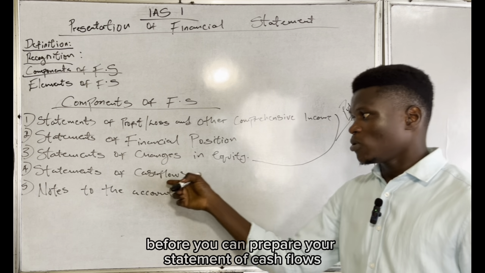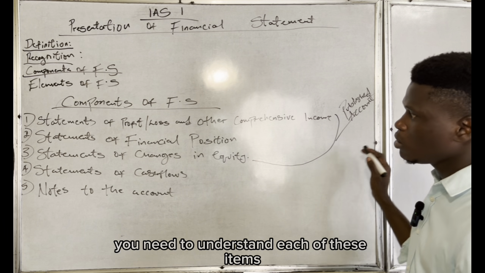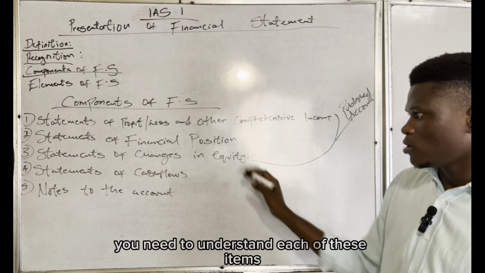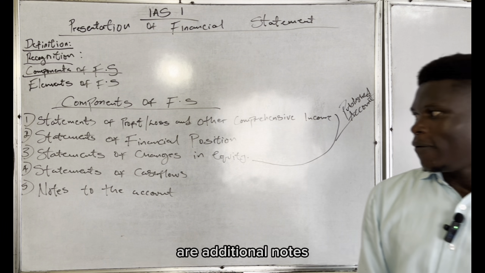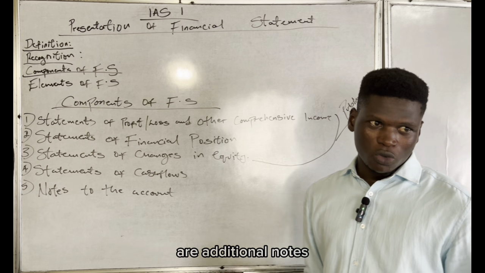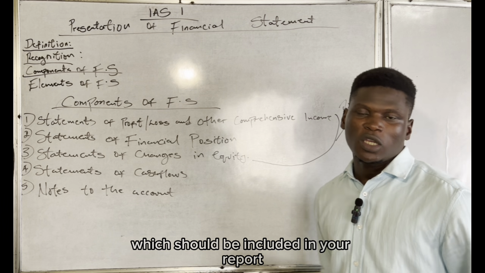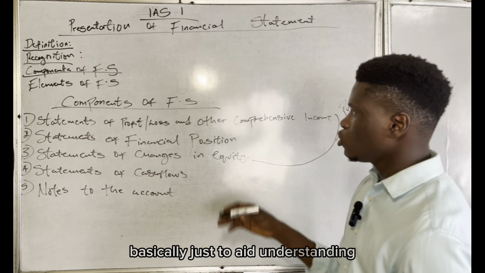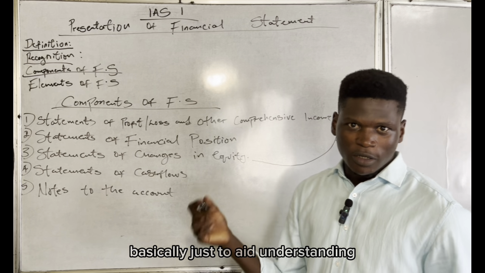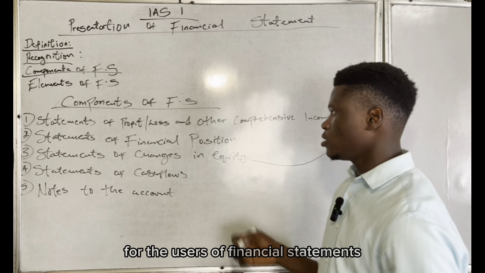Before you can prepare your statement of cash flows, you need to understand each of these items. Then notes to the account are just additional notes which should be included in your report, basically, just to aid understanding for the users of financial statement.